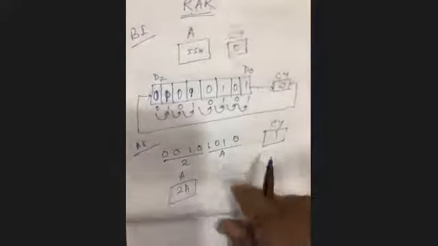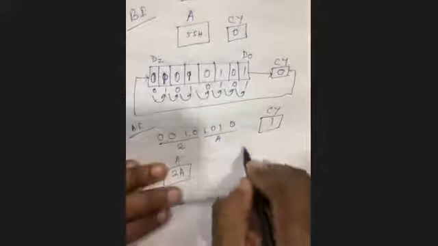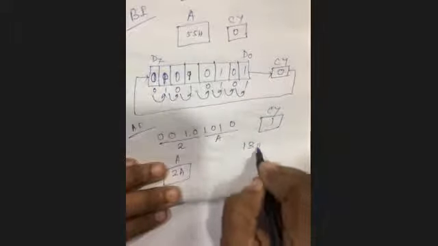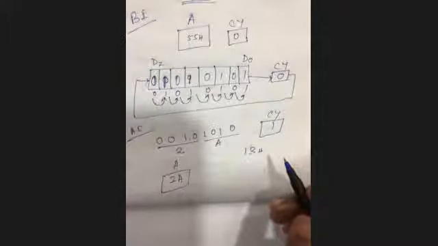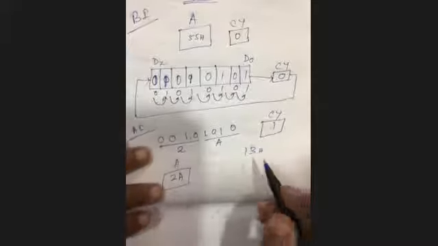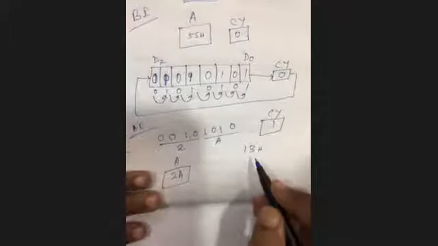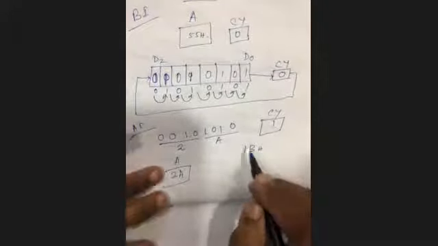One example. 57? 13, in hexadecimal. In hexadecimal, 13 will be D, not C. Okay. Yes, sir. So it will be 13H. What will it be in binary form?